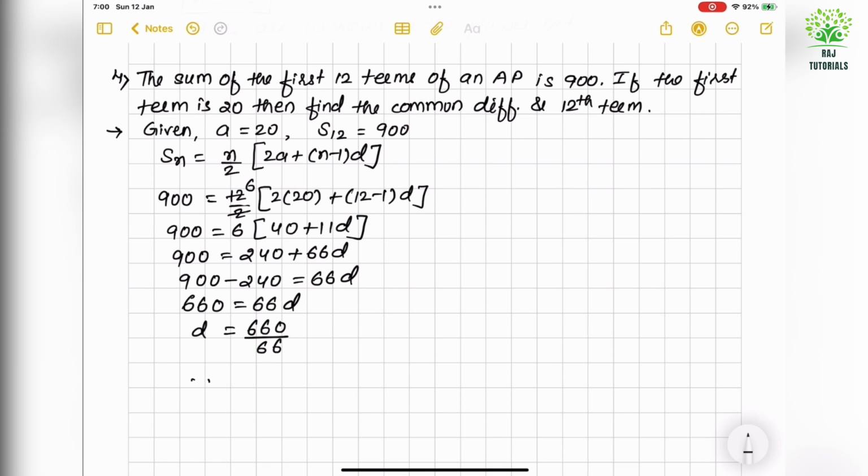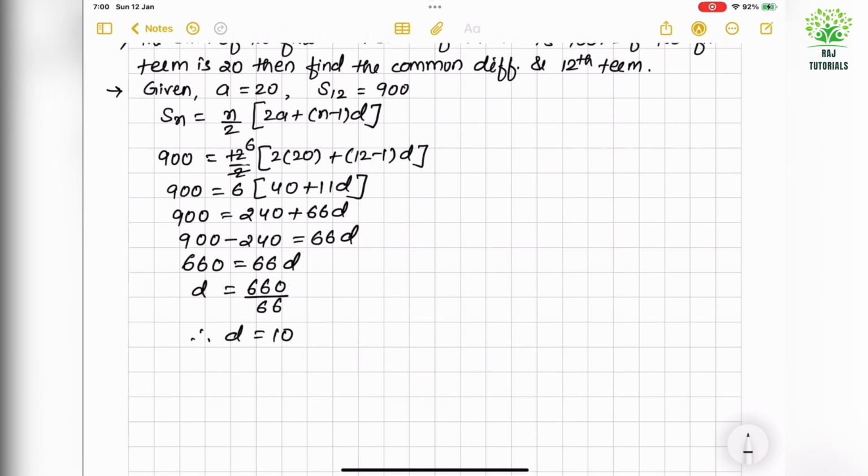So therefore d equal to 10. Using the formula for the nth term, I have to find the 12th term. So A12 will be A plus n minus 1 d. So A was 20 plus 11 into d, because 12 minus 1 will be 11. So 20 plus 110, so 130 I will get. So I got A12 as 130 and d is 10.